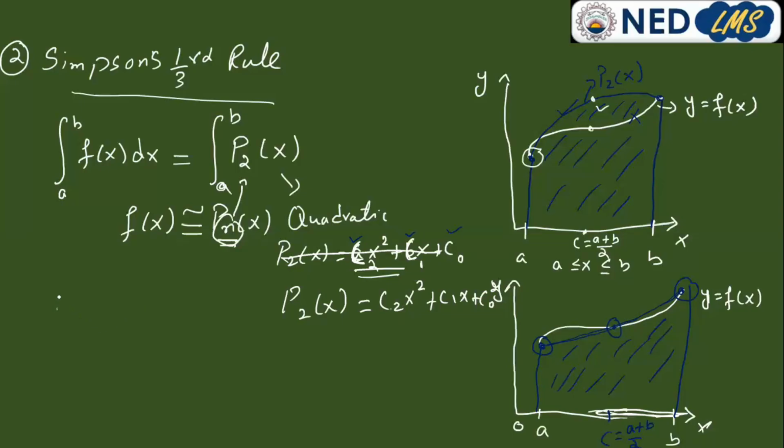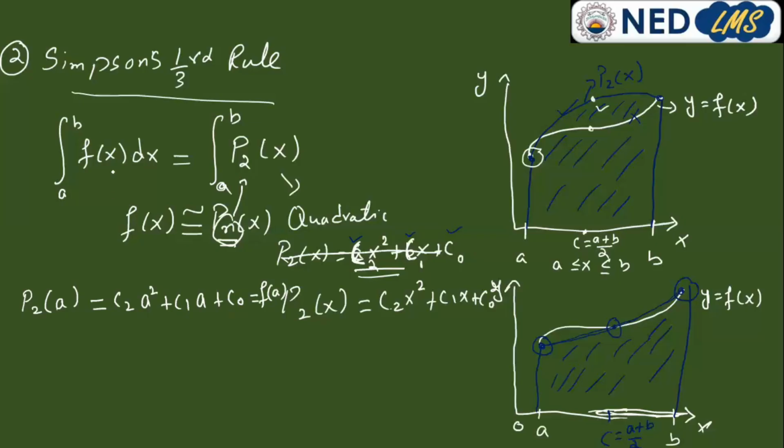If I put a in the degree 2 polynomial, meaning instead of x I put a, it has to match the value of the function, that is f of a. So I will get c2 a square plus c1 a plus c naught, and they all have to be equal to f of a.